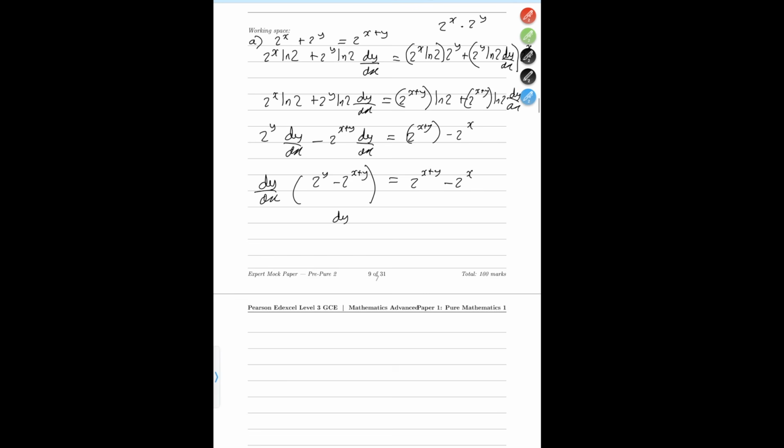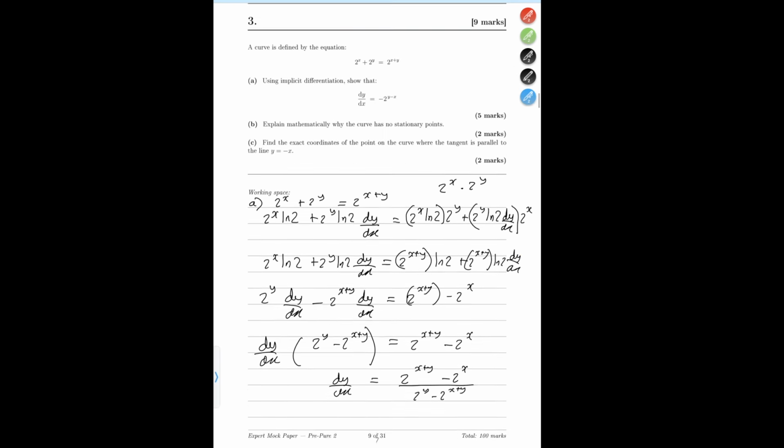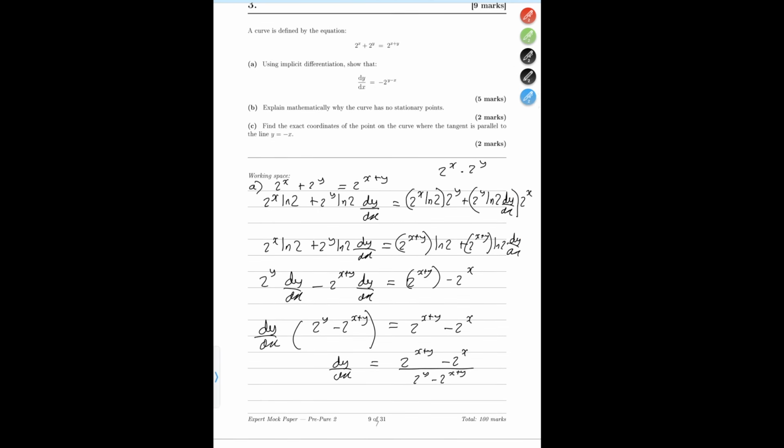So now let's divide by that expression on the left-hand side to get dy/dx equals 2^(x+y) minus 2^x over 2^y minus 2^(x+y). And now we're actually going to use our original equation.